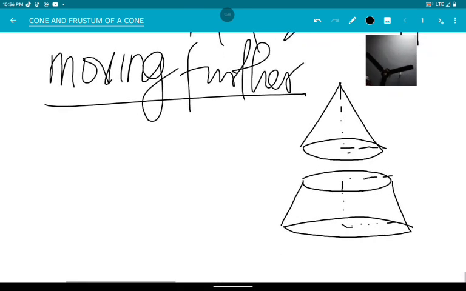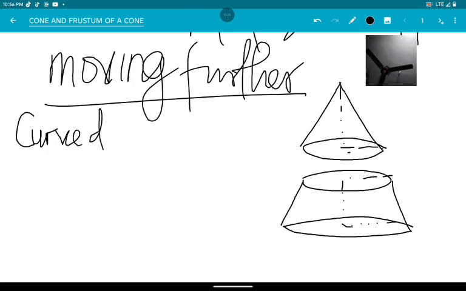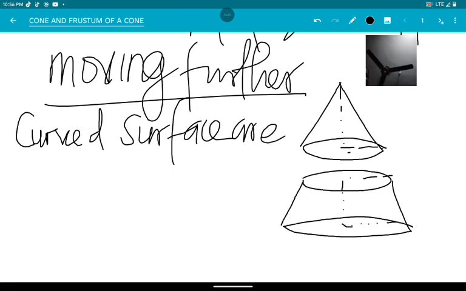All right, so if you are asked to calculate the curved surface area of a frustum of a cone, this is where the problem is.